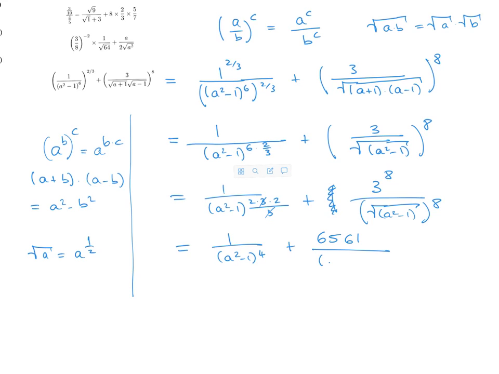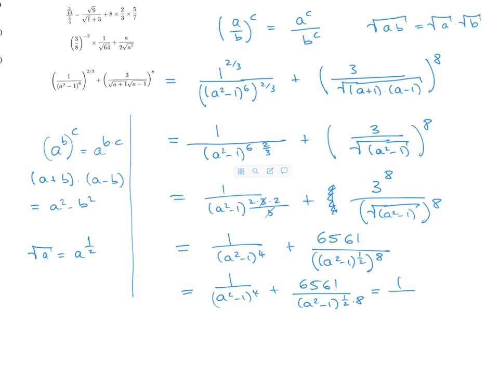So I can write this as A square minus 1 to the power of 1/2, and then the whole thing to the power of 8. And then I get plus 6,561 divided by A square minus 1 to the power of 1/2 times 8.